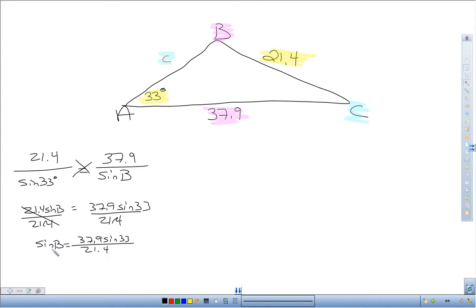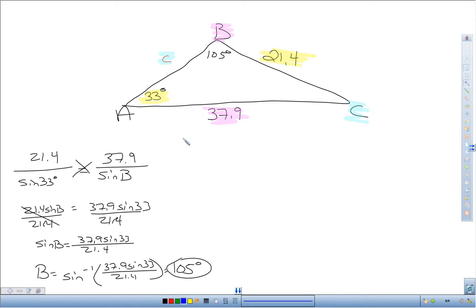Again, because I'm trying to find my angle, I'm going to do sine inverse of 37.9 sine of 33 over 21.4, and your calculator should give you approximately 105 degrees.